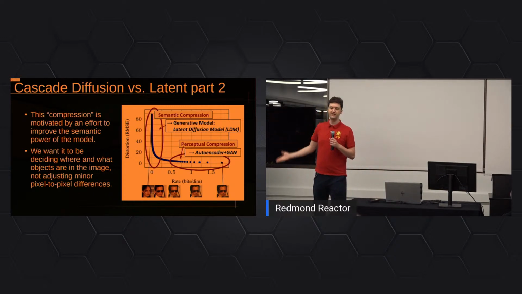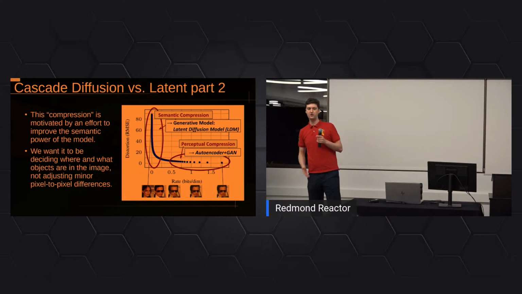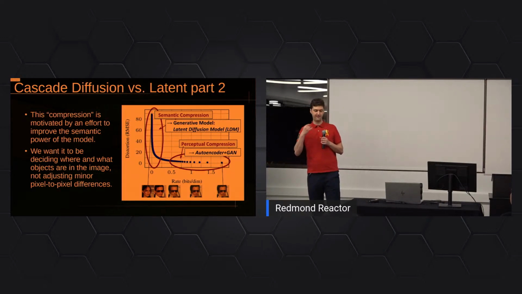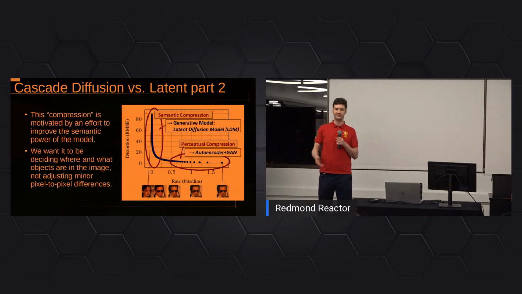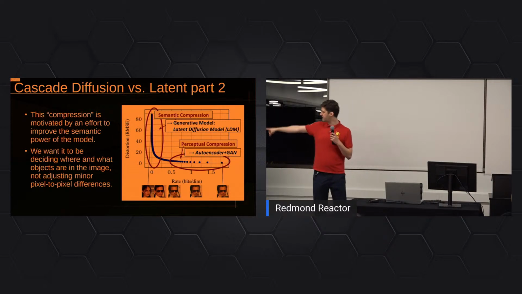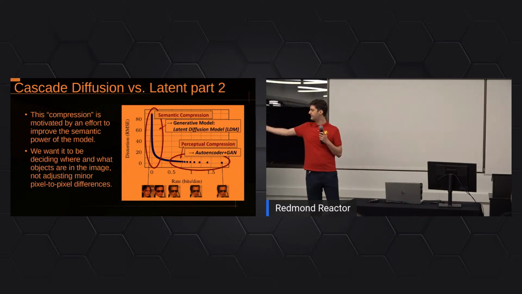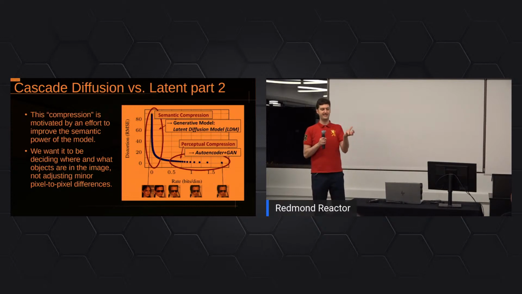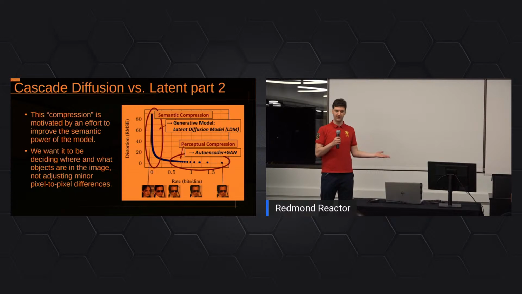But this kind of compression is motivated by an effort to improve the semantic power of the model, in addition to its computational tractability. Obviously, you can see on this graph the semantic compression. What we want is for the neural network to map to semantic things that are like in reality, like a hand or a camera or a dog.